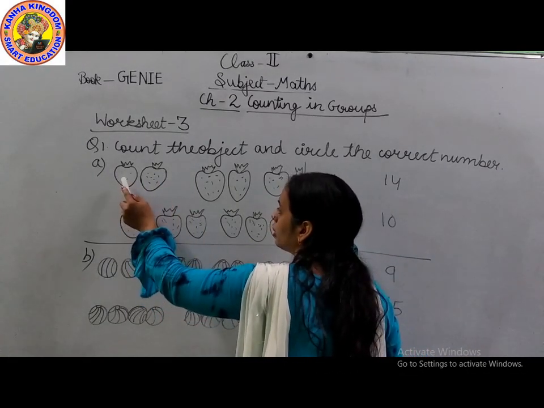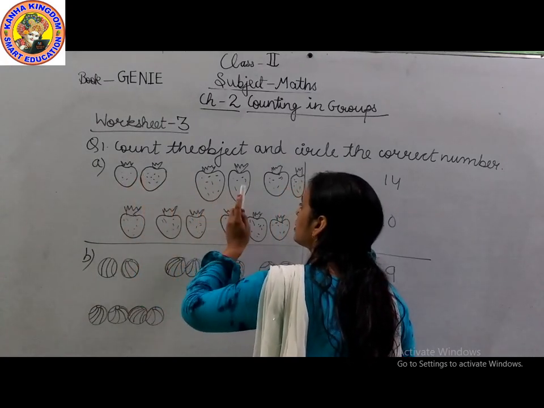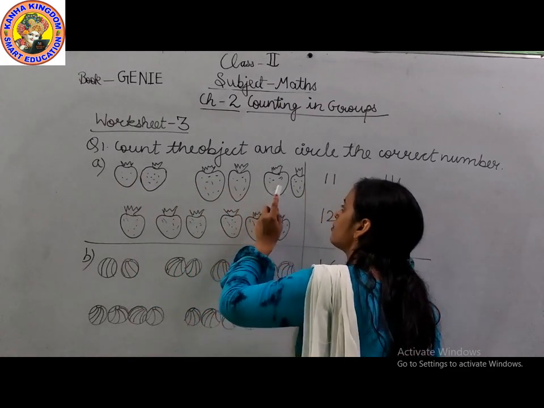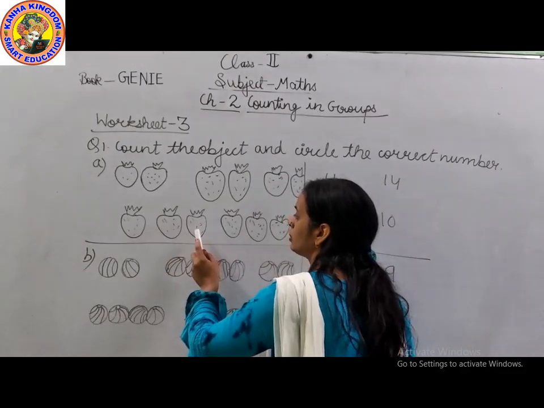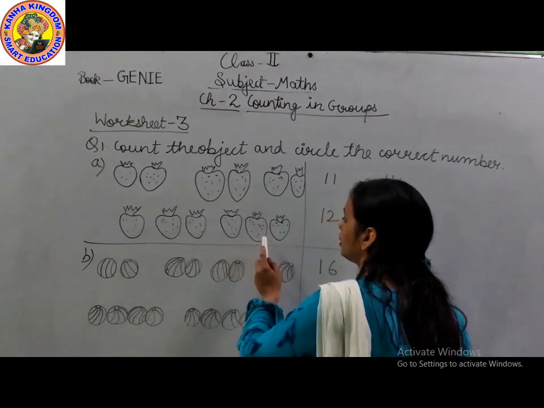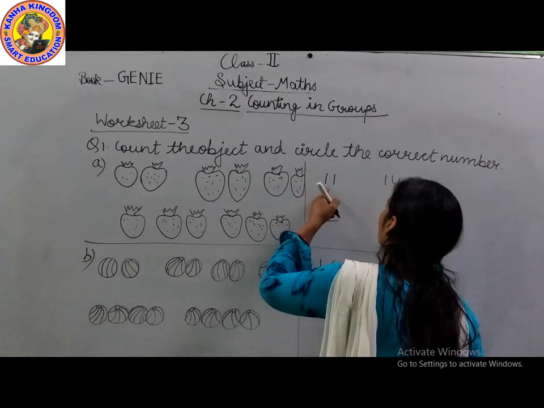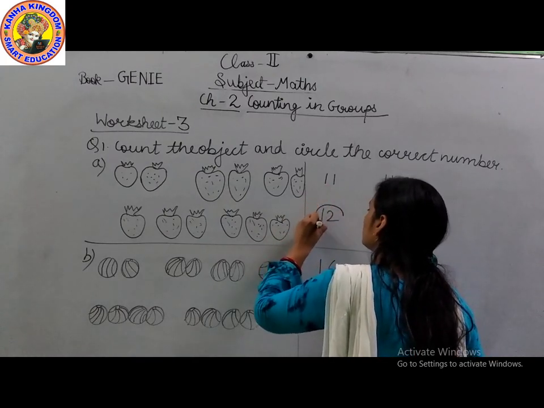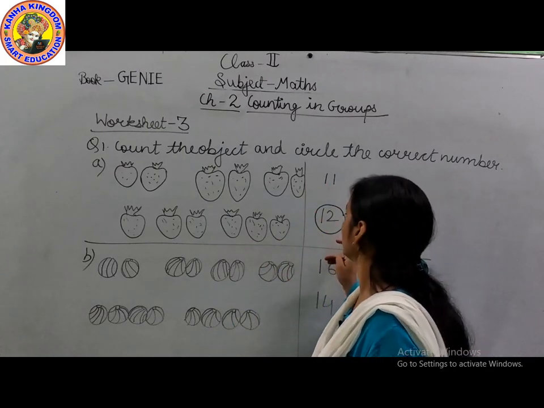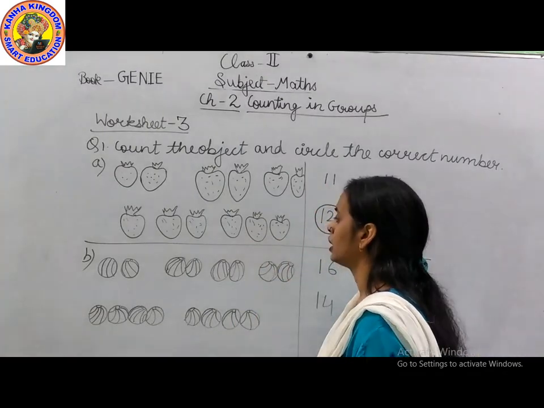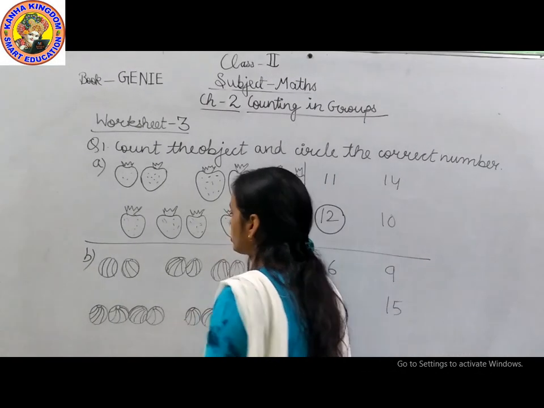Count again. 1, 2, 3, 4, 5, 6, 7, 8, 9, 10, 11, 12. So where is number 12? This is the correct number. So circle number 12.